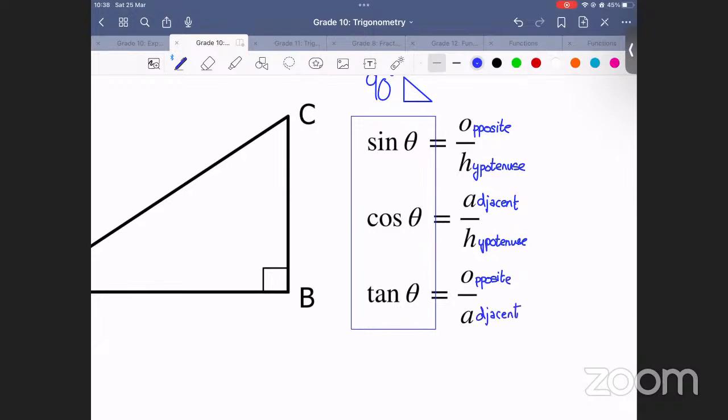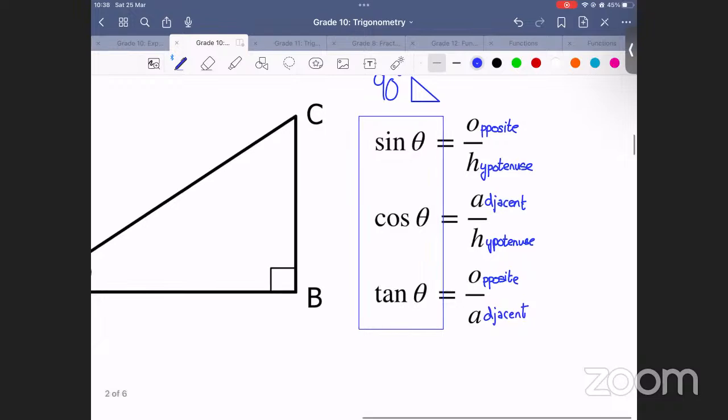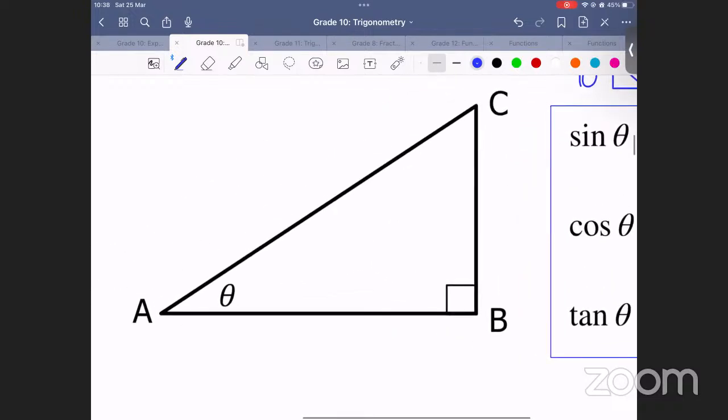Now, what is opposite? What is hypotenuse? What is adjacent? For that, we can turn to this diagram and analyze. Firstly, it's a 90-degree triangle, and the side opposite the 90 degrees is always known as your hypotenuse. Besides the 90-degree angle, we have two other angles, A and C. Let's say we're working with A, and we call A theta.